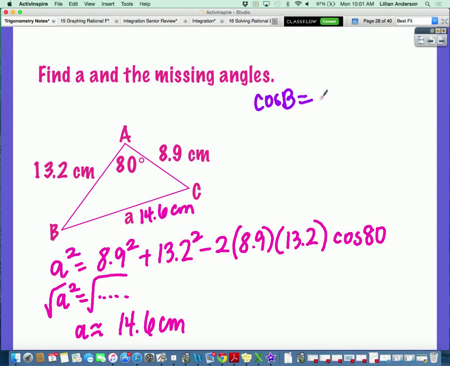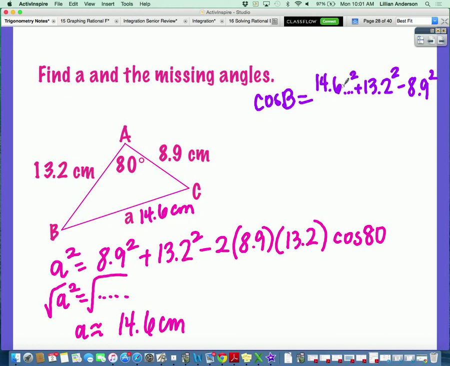So using your formula, which two sides do we take first and add together? Little a squared, that long decimal squared, plus 13.2 squared. So the two adjacent sides, and then we subtract that last side.